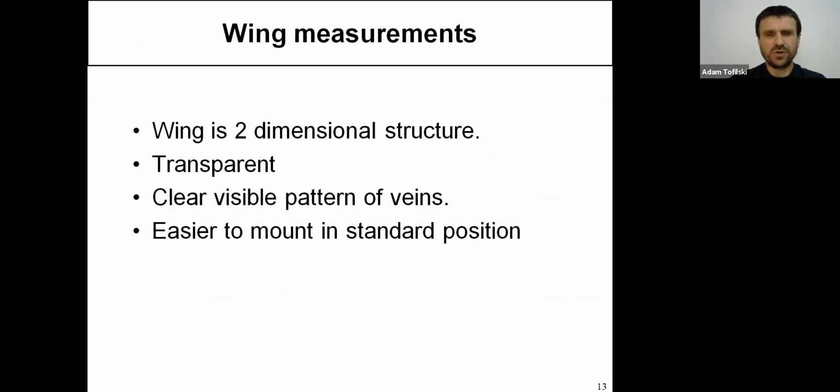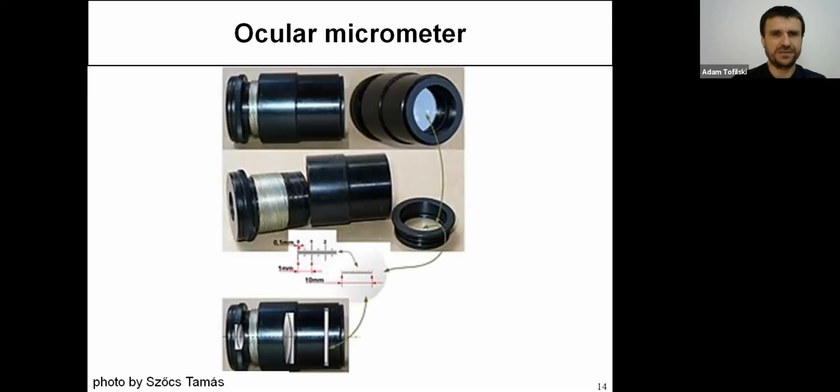So it's also easier to put the wing in a standard position, in such a way that it's perpendicular to the optical axis of the camera or scanner. The wing measurements have many advantages, can be done quite quickly, and can be automated to some degree. So I think that using wing measurements, the identification of subspecies is much faster.